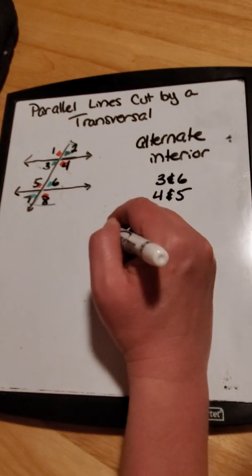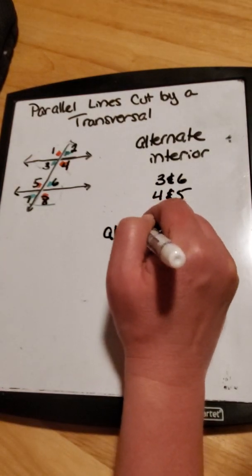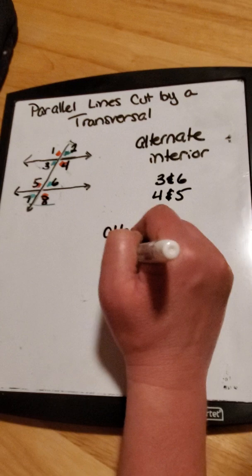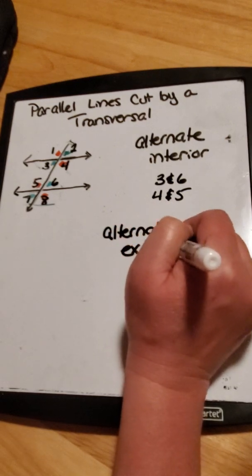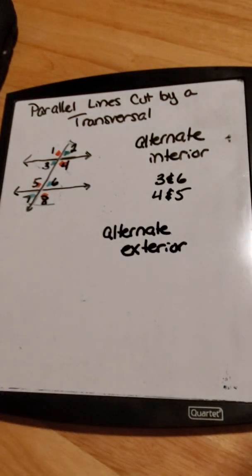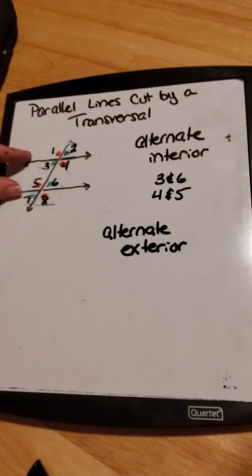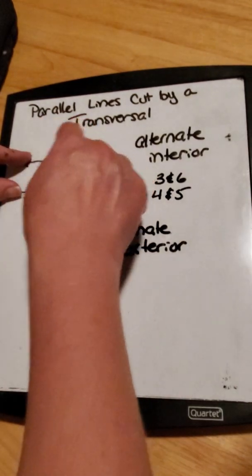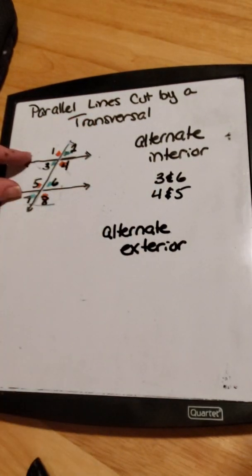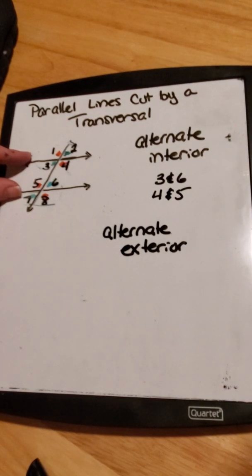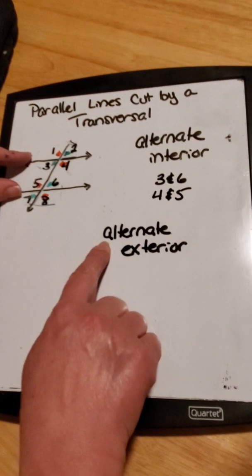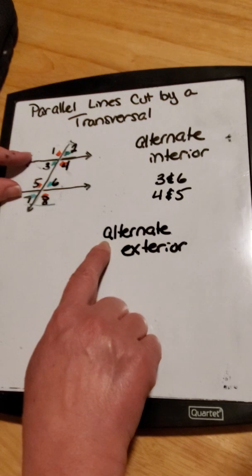Last term you need to know is called alternate exterior angles. Now, exterior means outside. So now we're looking outside the two parallel lines. So 1 and 2, 7 and 8. Those are the angles that are outside the parallel lines. But again, we've got that word alternate in there.